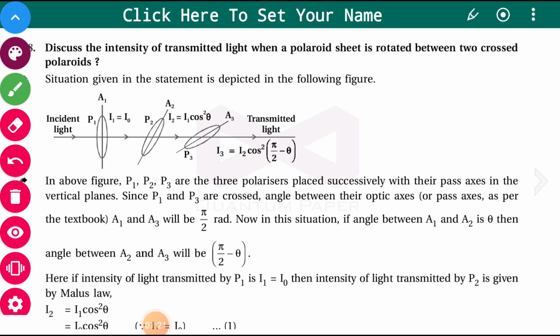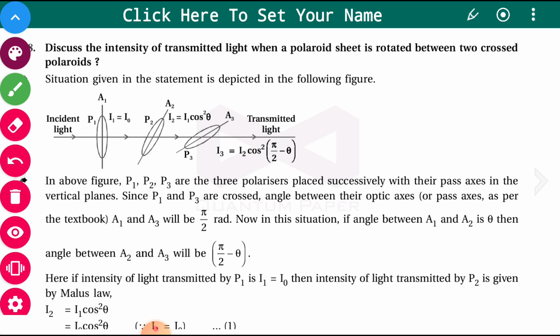Now, example number 10.8, discuss the intensity of transmitted light when a Polaroid sheet is rotated between two crossed Polaroids. Now, the situation given in the statement is shown in this figure. Say for example, this is the incident light here.